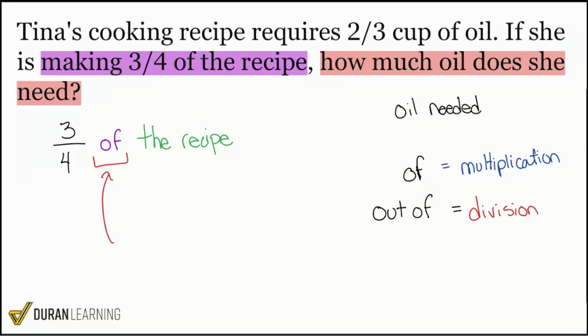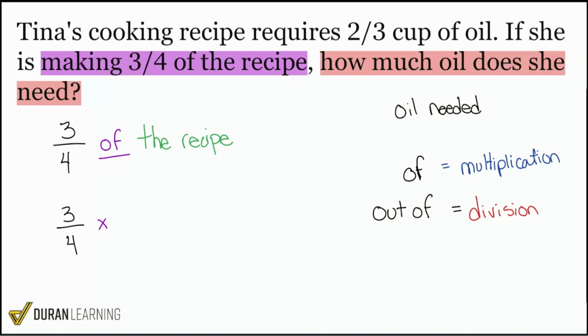Let me help us out here. Let me get this out of the way and let's remind ourselves. We have 3/4 of the recipe. Here we go. We'll write the 3/4. Everybody remind me again in the chat box, the word of is what operation? That's going to be multiplication, correct?